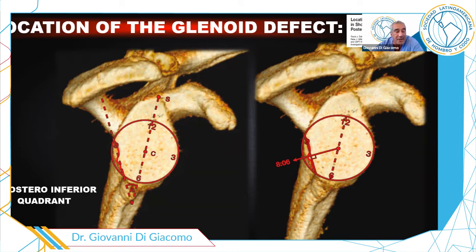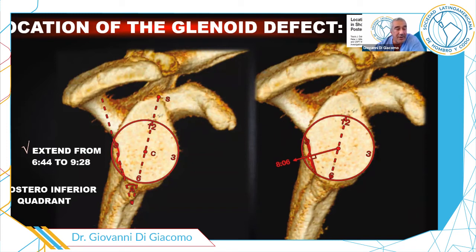In posterior instability, the head is going to dislocate in the more posterior inferior part of the quadrant. So most of the time, the bone loss is posterior inferior. In anterior instability, most of the time it is more anterior than anterior inferior, according to the Ishitoi paper.